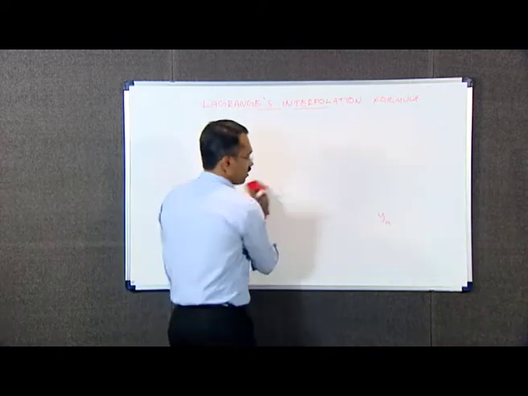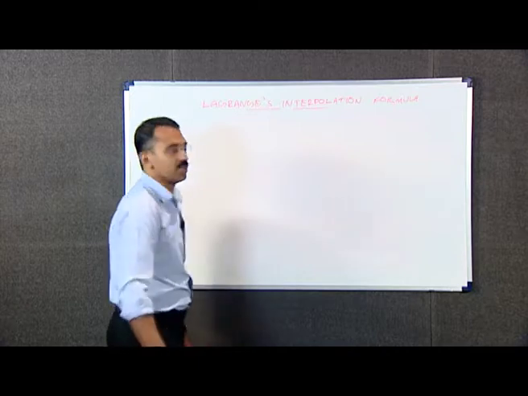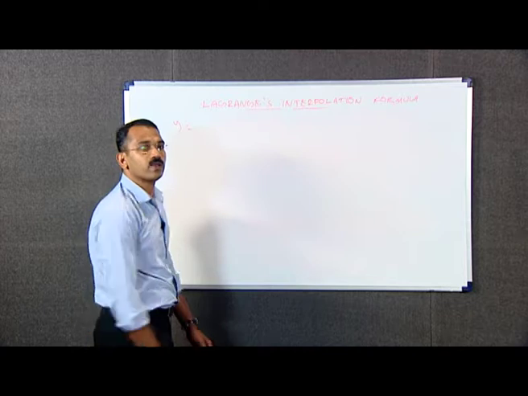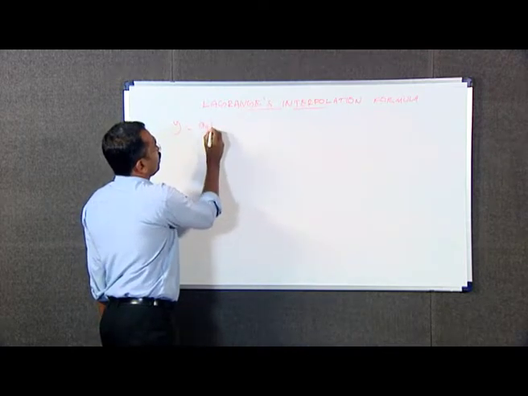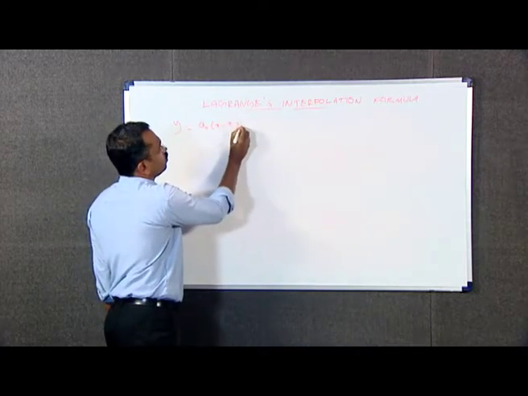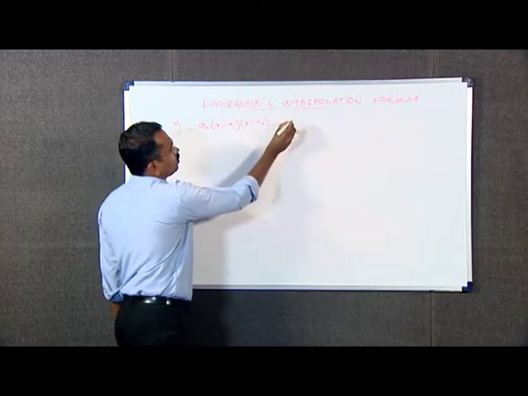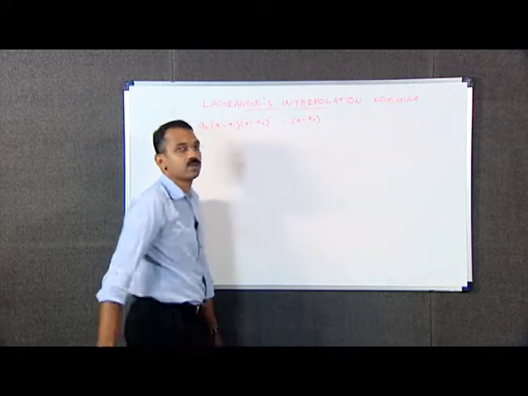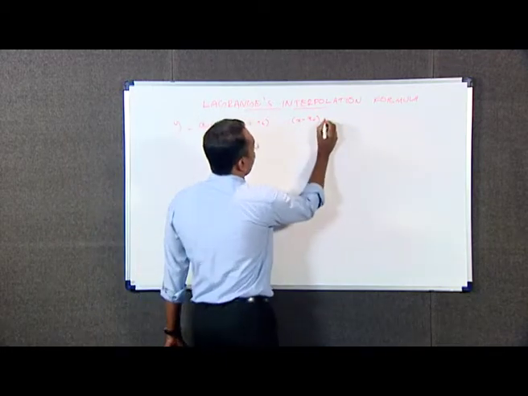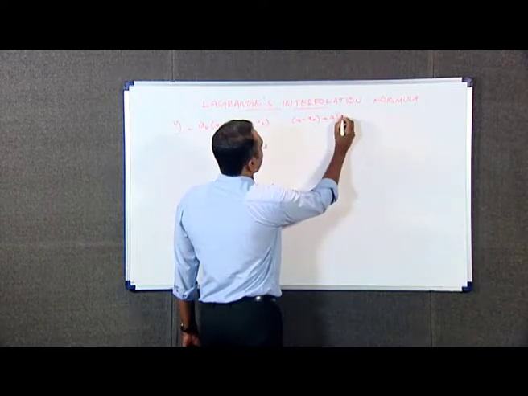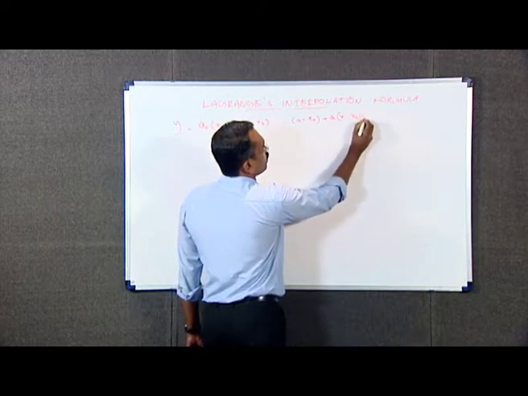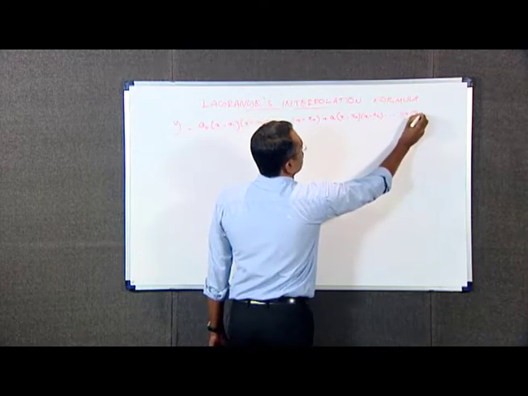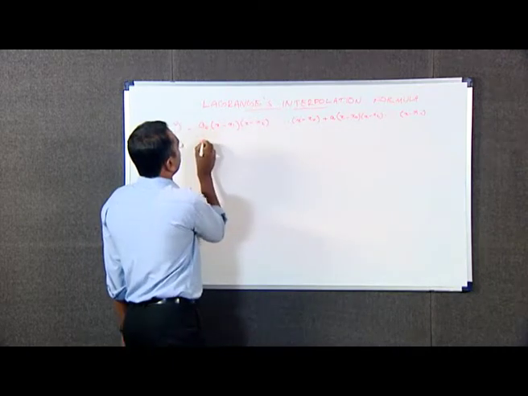That is, we can write f of x, that is y, is equal to a0 into (x minus x1)(x minus x2) etc. (x minus xn) plus a1 into (x minus x0)(x minus x2) etc. (x minus xn) plus etc.